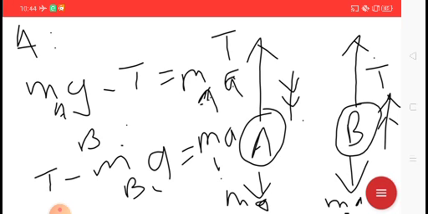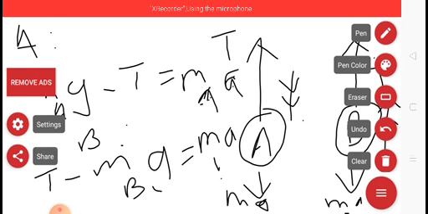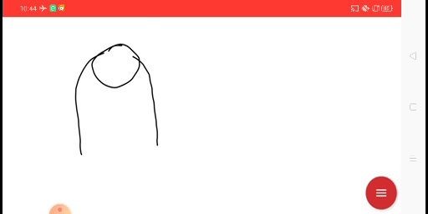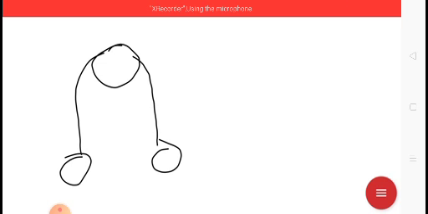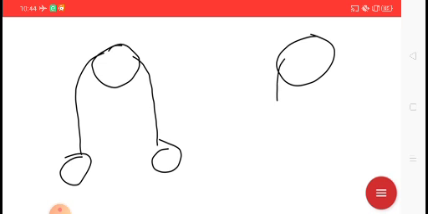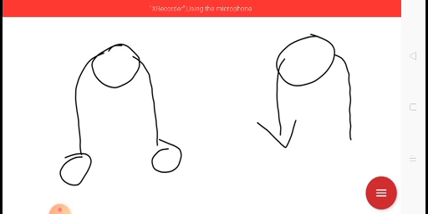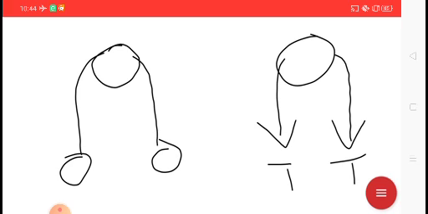For this pulley, let's say the simple pulley system, two sides, one big and one small. If you cut the particles out, the cable remains, so you know that this is T and this is T. The total force that acts on the pulley will be equal to 2T.